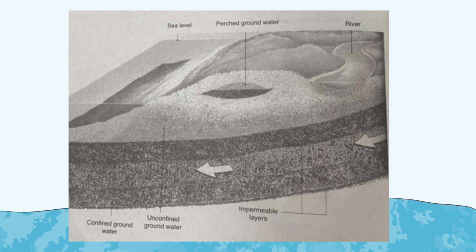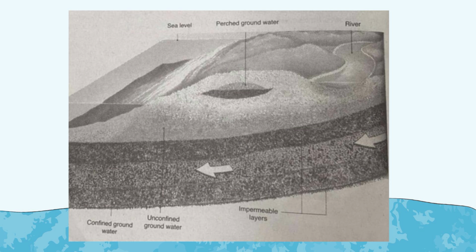This diagram illustrates the groundwater flow, depicting how water moves through different layers of the earth, including confined and unconfined groundwater, and impermeable layers. The diagram provides insight into how groundwater exists beneath the surface.